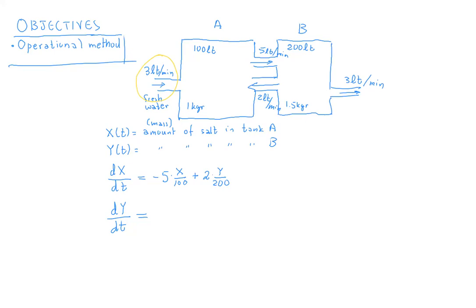I mean, you have the outflow from B and the 2 flows between A and B. So there will be 3 of them, but you can really combine them in 2 of them because 2 of them depend on the concentration in tank B. Just give it a try and then we'll do it together.